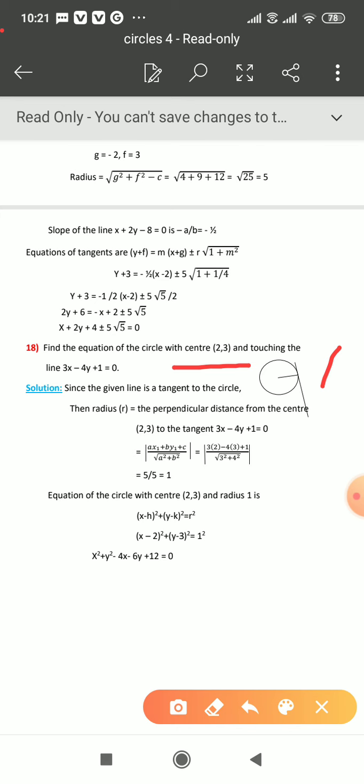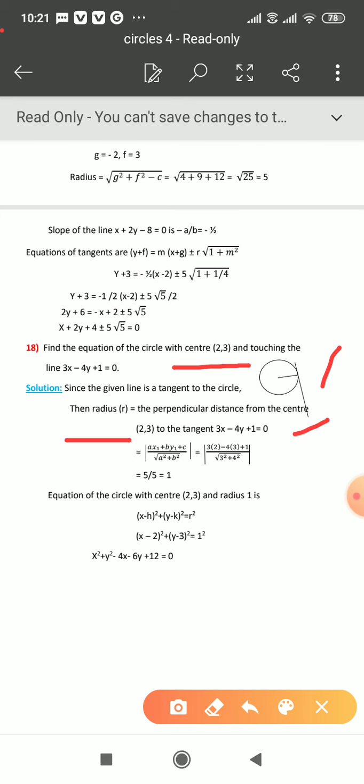This is the tangent line. If this is the tangent, the distance from the center to the line is nothing but the radius. So since the given line is a tangent to the circle, the radius r is equal to the perpendicular distance from the center 2, 3 to the line 3x minus 4y plus 1 is equal to 0.